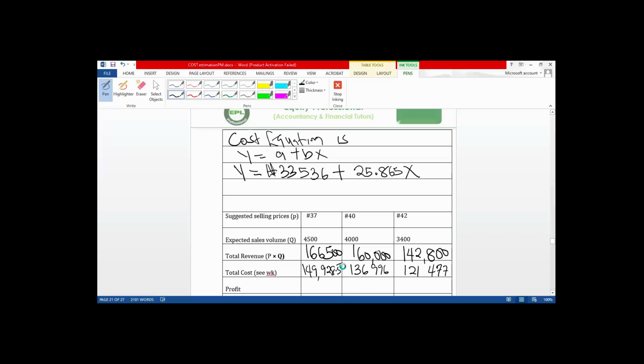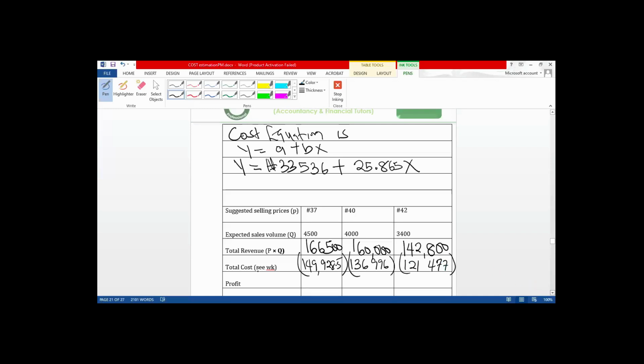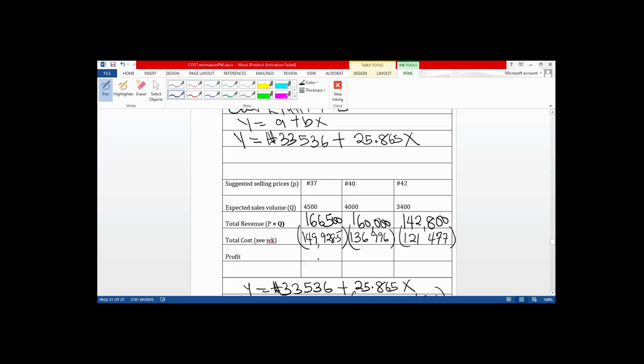Profit is revenue less cost. Please get the profit under each price option. What is the profit here? The first one is 16,571.5.